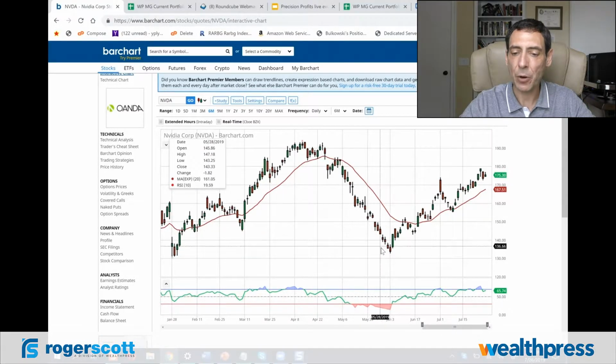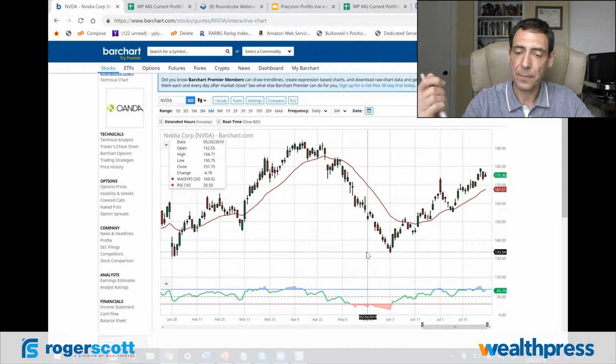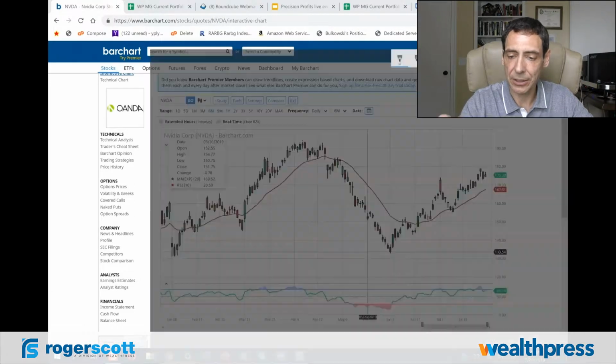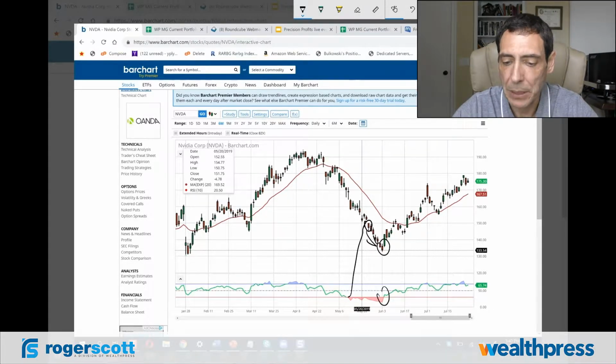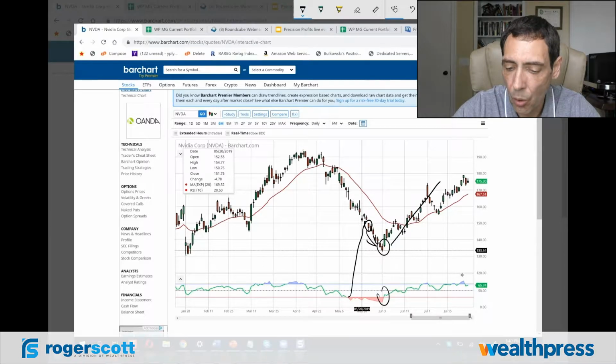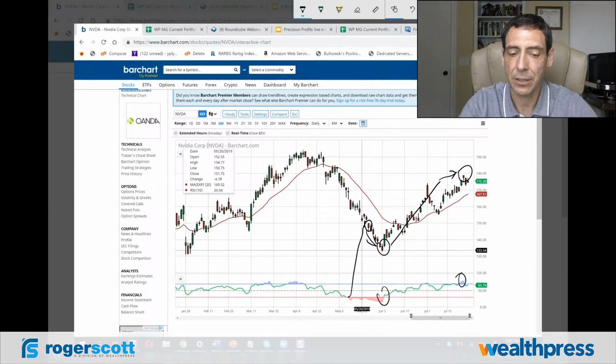And if it keeps coming oversold, right here, we would enter right there. Let me actually draw some lines on this chart, using this little fancy schmancy pen I have. But you see right here, you would enter right there. Even if you entered right here, that's how much the drawdown would be. And then you would have a total upside all the way till right here. That would be your profit target.